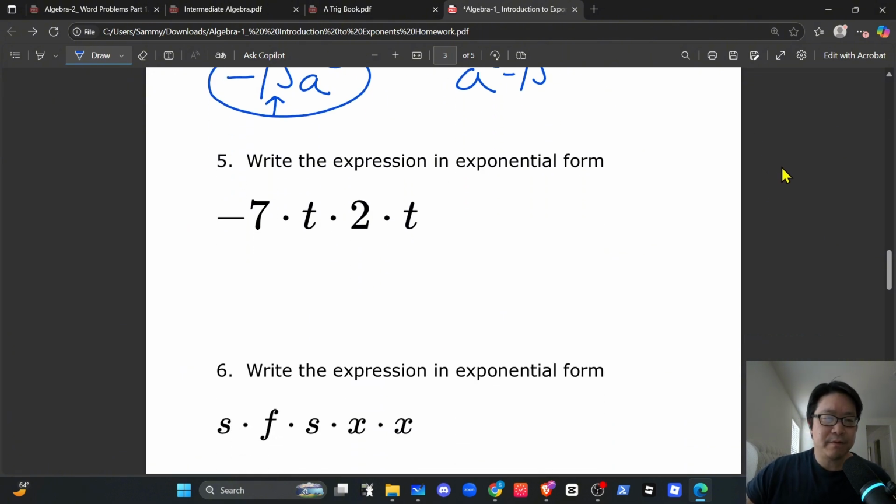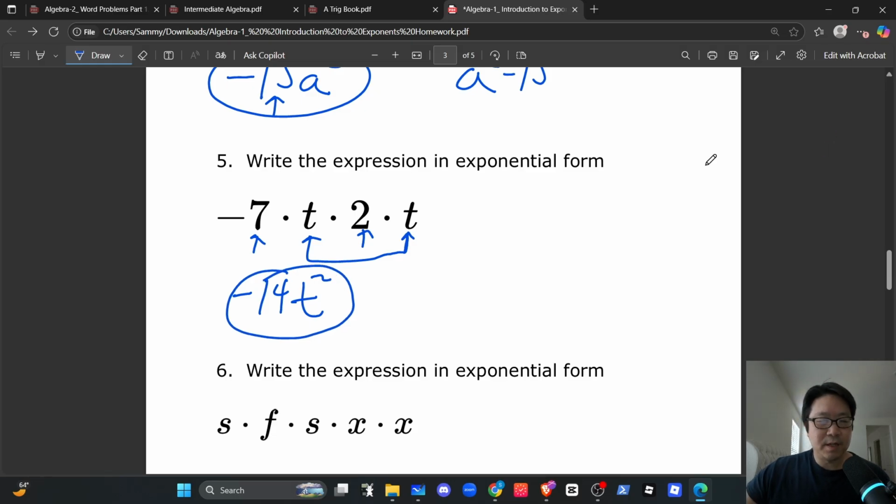Okay, number 5, again in exponential form. Just multiply your coefficients or your integers and then combine your variables. So negative 7 times 2 is negative 14. And then since we have two t's, it's going to be t squared.